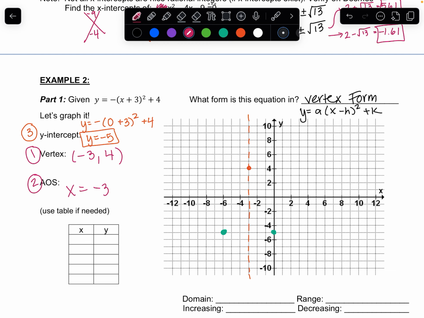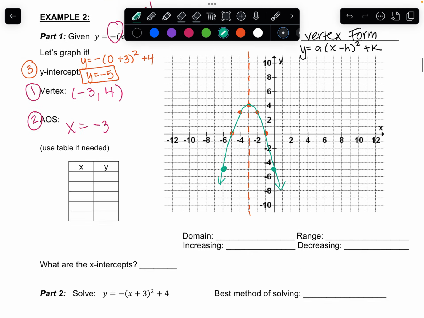And now we can use our a value, which is -1. So usually we go 1, 1. What we're going to now do is go over 1, down 1, reflect it over. Over 2, down 4, reflect it over. And that creates our graph. And so voila, there's our graph.